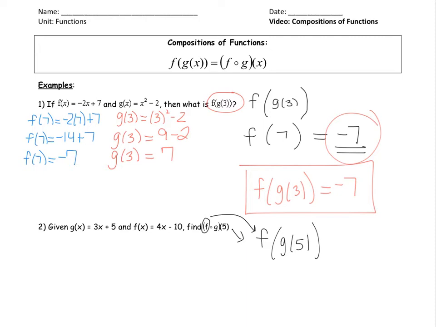Okay, so what do we need to do first? If I exaggerate those parentheses, I can see that I really need to find g of 5 first. So I'm going to go to the g of x function, and I'm going to plug in 5. So g of 5 is equal to 3 times 5 plus 5. So 15 plus 5 is 20.